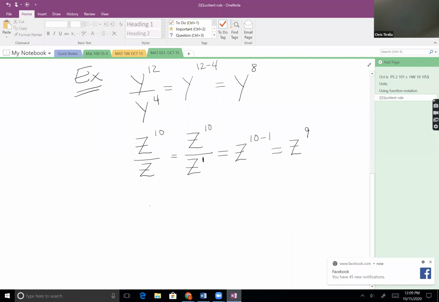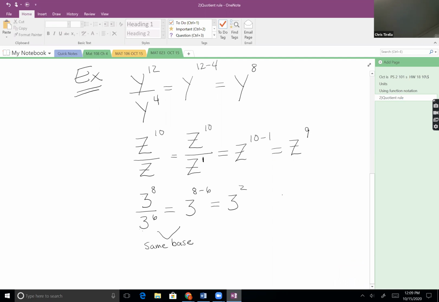Instead, if I had something like 3 to the 8th over 3 to the 6th, then the bases are the same. So I have to keep the same base. And because we're dividing, we'll subtract those exponents. So that gives me 3 to the 2nd. And now we'll evaluate and get 9.